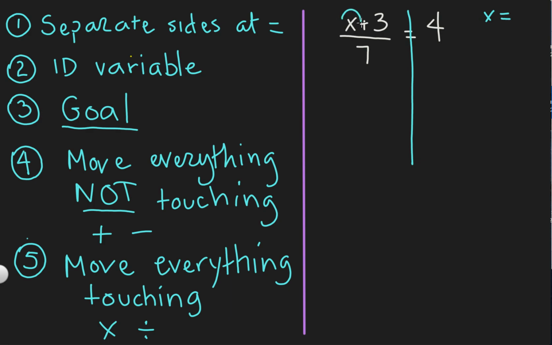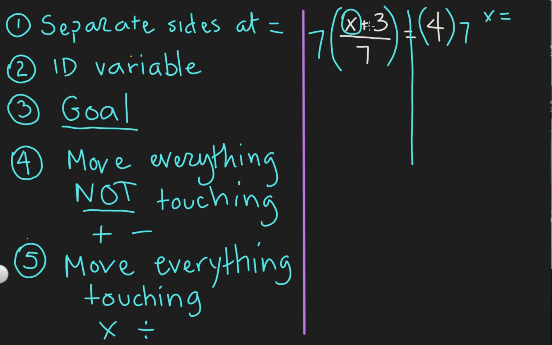But we need to move the stuff that's farthest away from the variable first. So the plus 3 is here on the same level. The 7 is farther away. So this is x plus 3 divided by 7. So it's the divided by 7 that we're going to move first. Now we move divide by 7 by performing the opposite, which is multiply by 7.